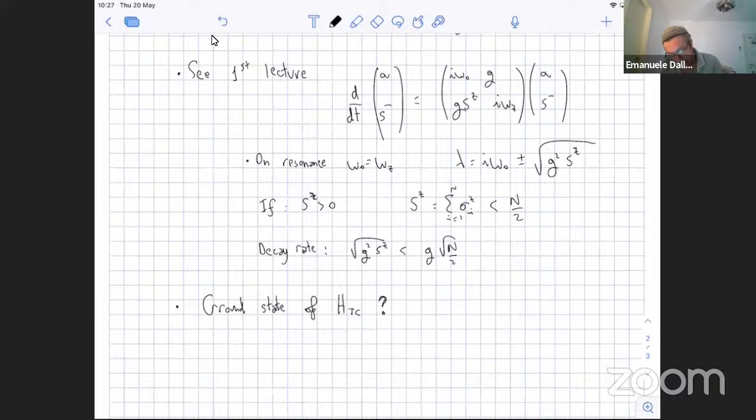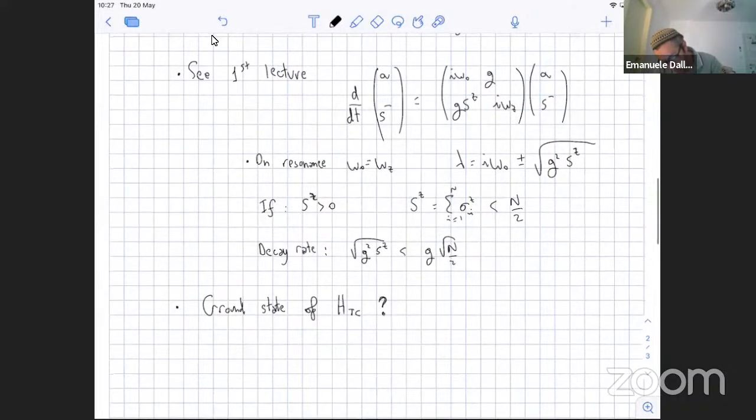For instance, if G equals 0, there is no coupling. So what is the ground state of the Hamiltonian? The ground state psi would be a state with no photons in the cavity, and sigma z equals minus n over 2, where all the spins point down. But when you turn on a finite G, you can use perturbation theory.